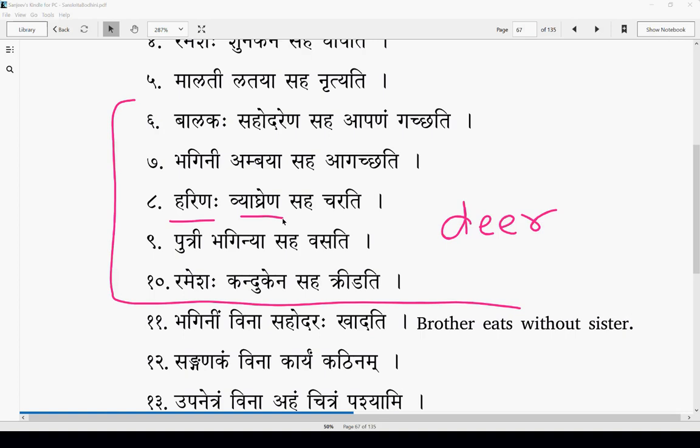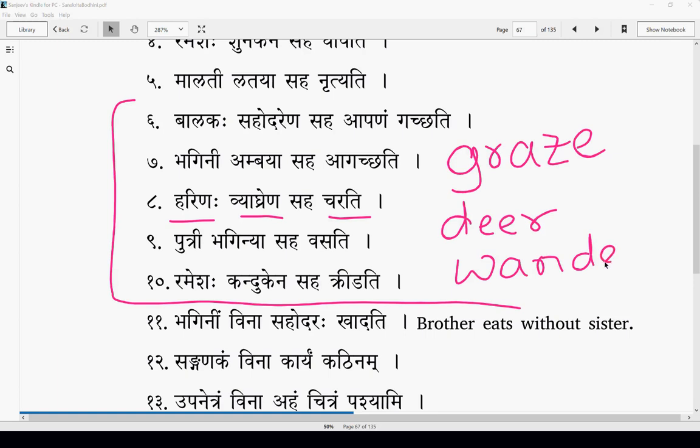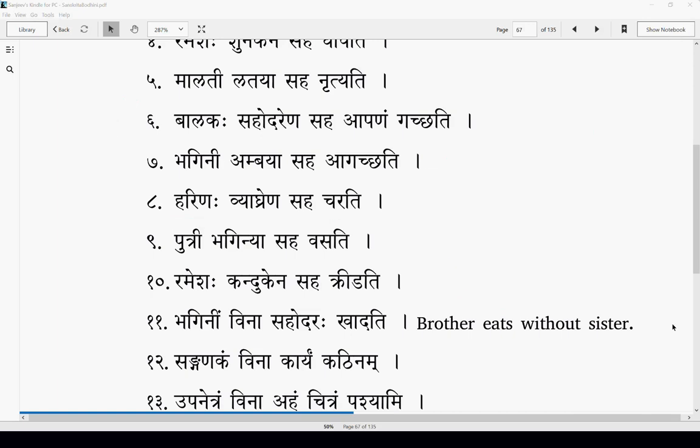Charati, grazing. There are two meanings for charati. One is grazing or eating. The other is wandering or roaming around. So in harinaha vyaghrena saha charati, charati has both the meanings. So other words are clear, I think. Okay, next one.